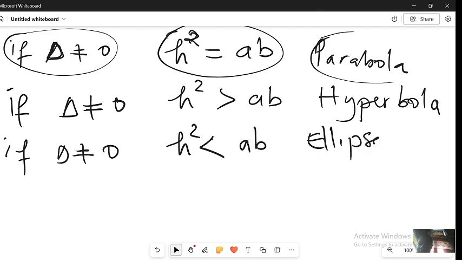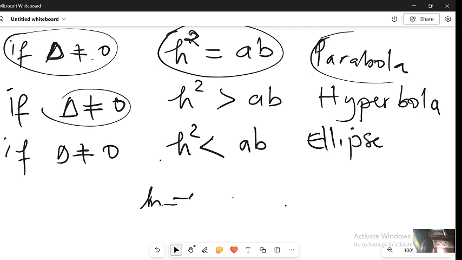Now that is the nature we saw for a pair of straight lines: the delta has to be equal to 0. If delta is different from 0 and h equals 0 and a equals b, it's going to be a circle, and then parabola, hyperbola, and ellipse.